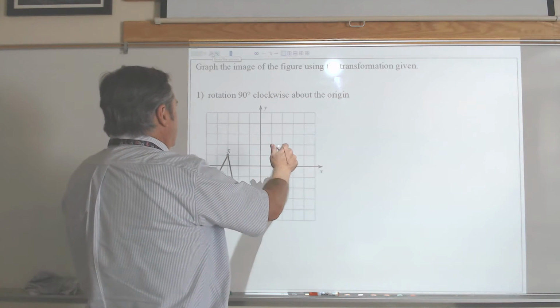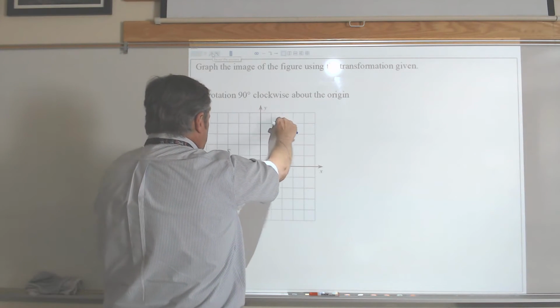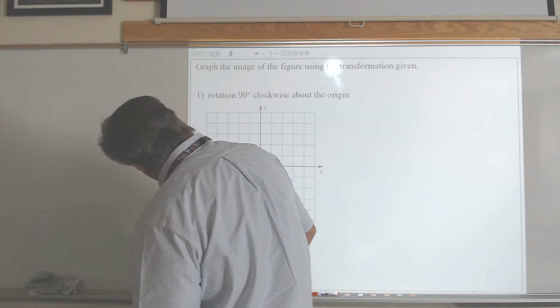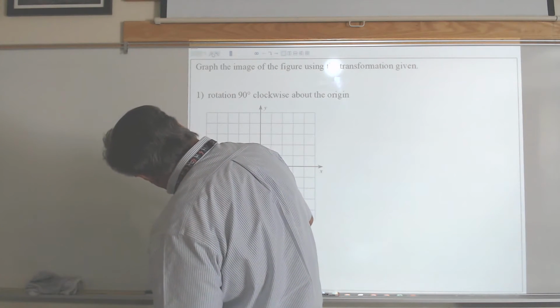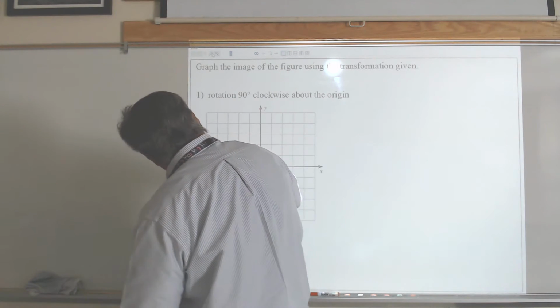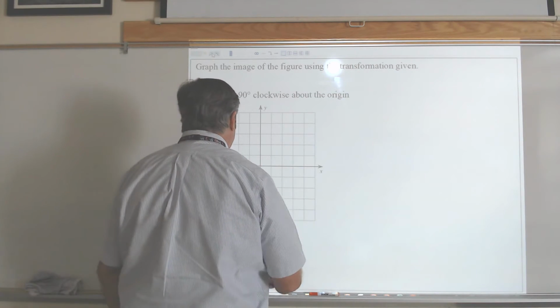But, okay, if I want to take this thing clockwise, I want to take that piece of paper and turn it this way. So I need to look at this as if it got turned that way. And I'm looking at point S as it gets turned.